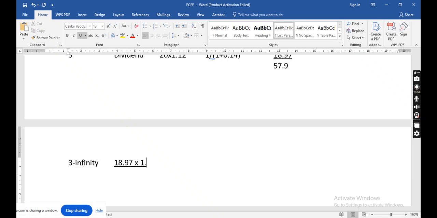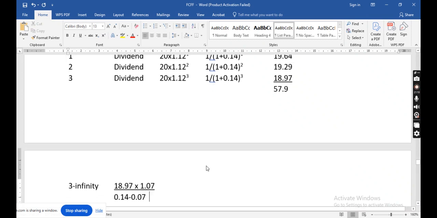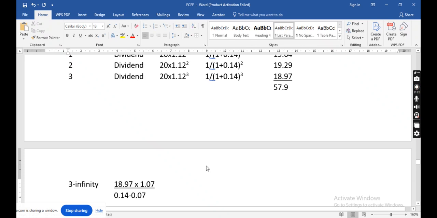That is 1.07, is that not so? Then divided by the cost of equity, which is 14%, minus the growth rate, which is 7%, 0.07. So please give me figure. 255.71.